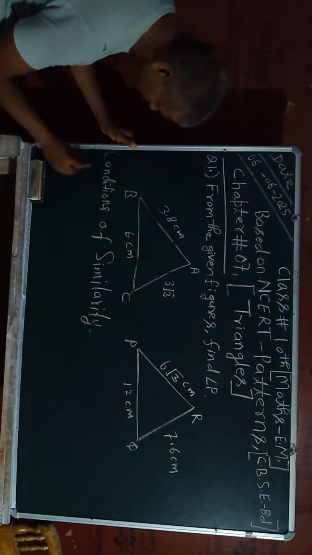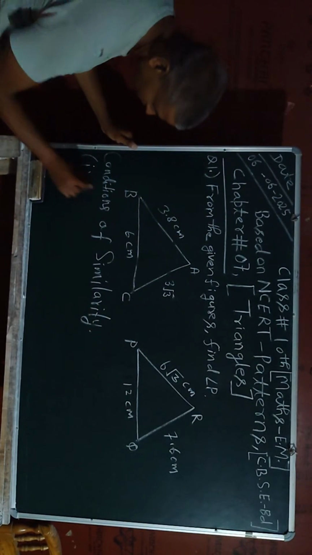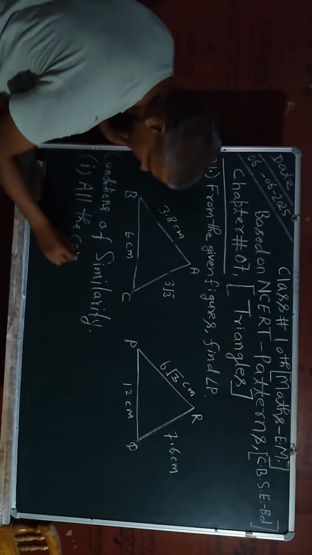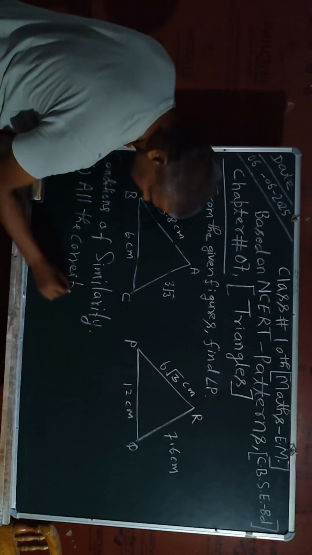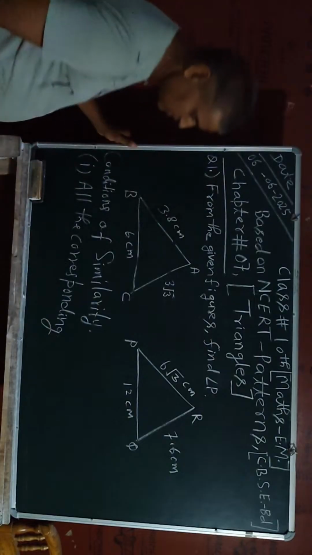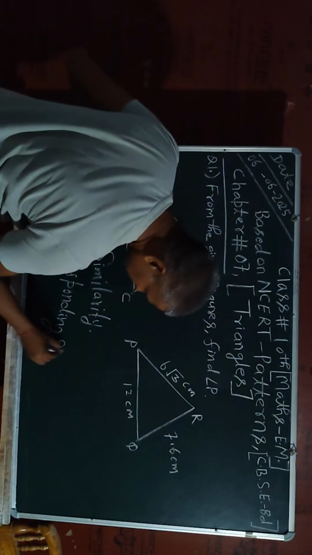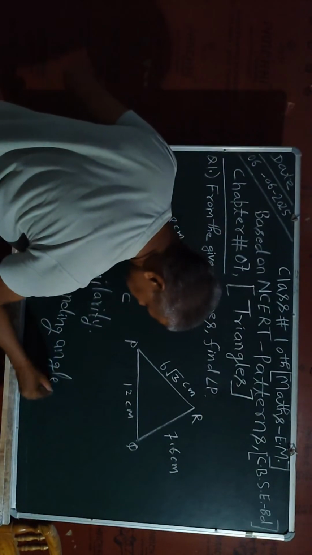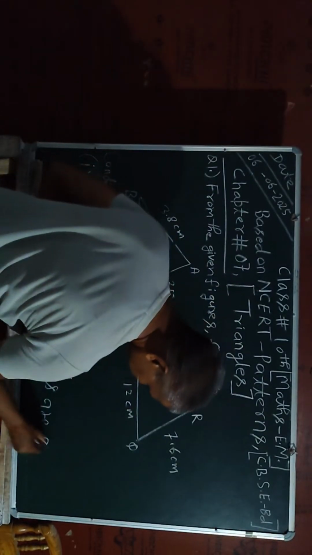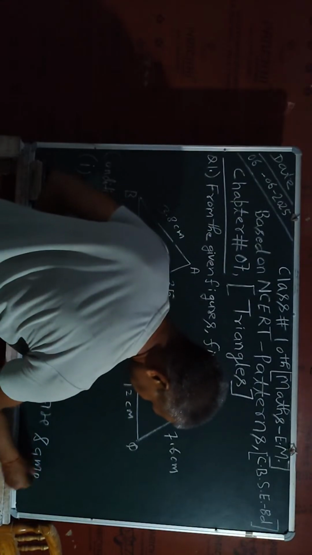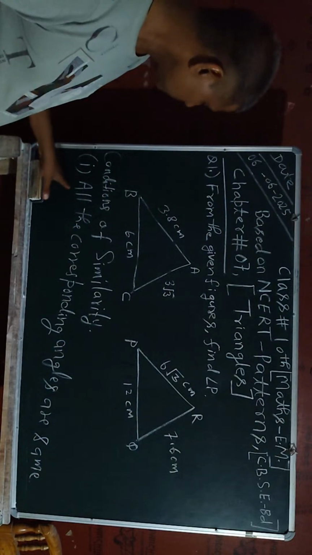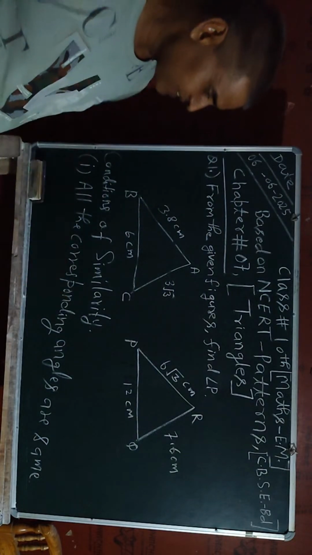First condition I am going to write here: all the corresponding angles are the same. This is the first condition for the two figures to be similar. So all the corresponding angles are the same.